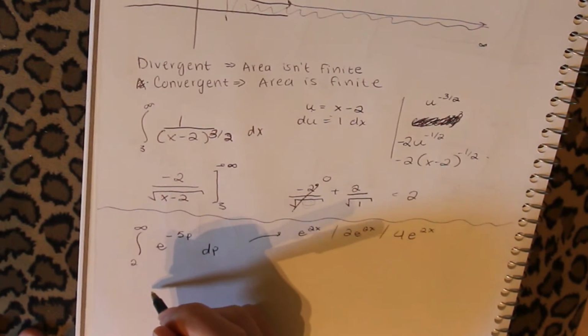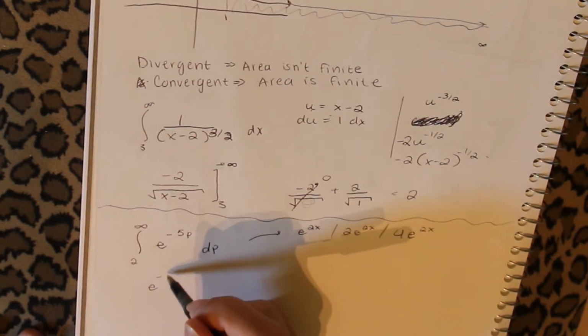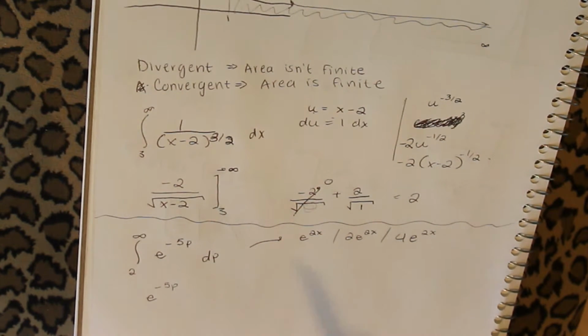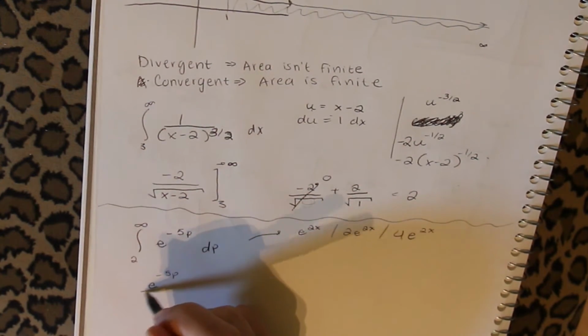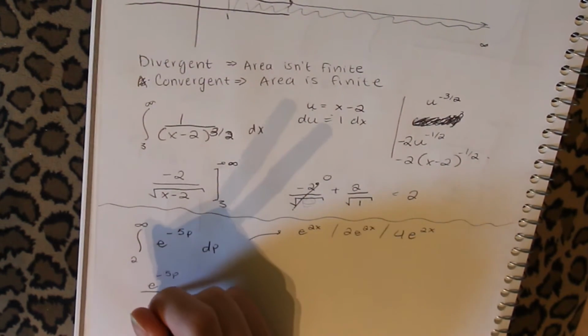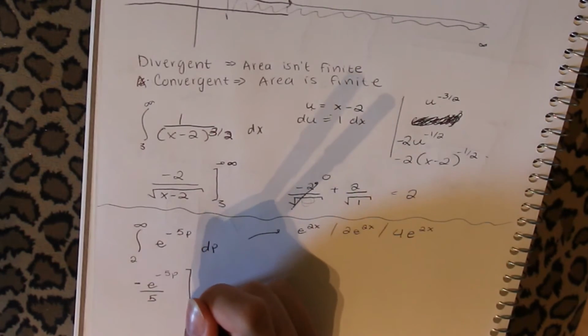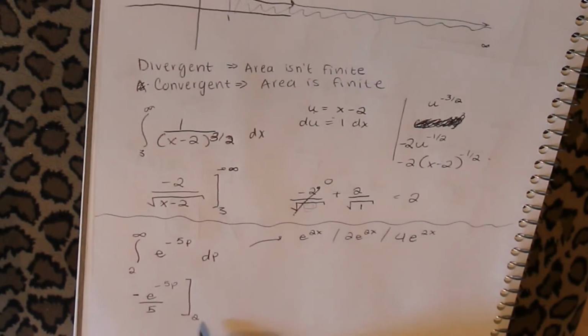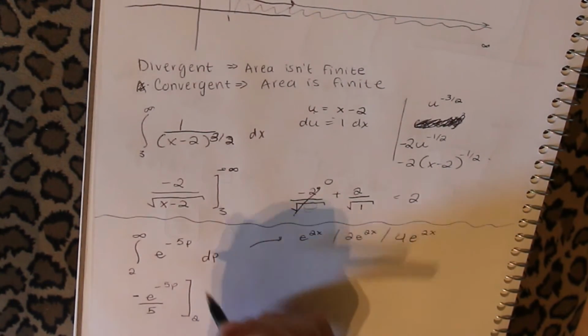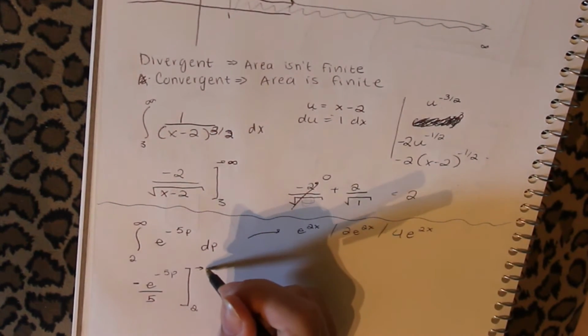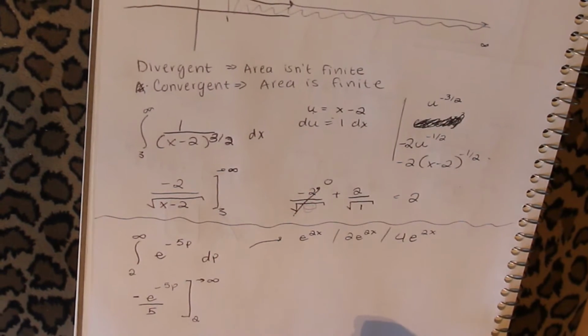So we're going to end up with e, still e to the negative 5p. This doesn't change, remember. No matter if you're integrating it or deriving it, it's still the same. And divided by negative 5, let's put 5 in the denominator, same as negative 1 over 5. And remember that we're evaluating this from 2 to, well, a number that approaches infinity, a really big number.